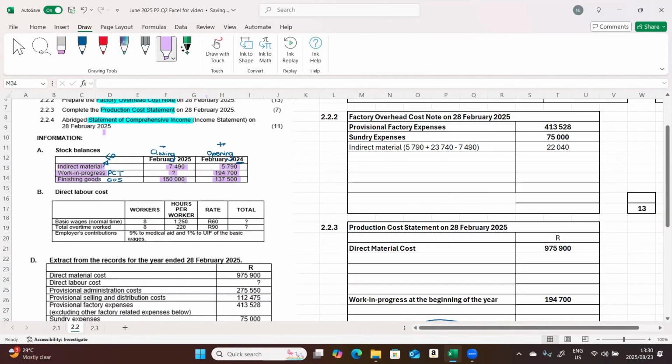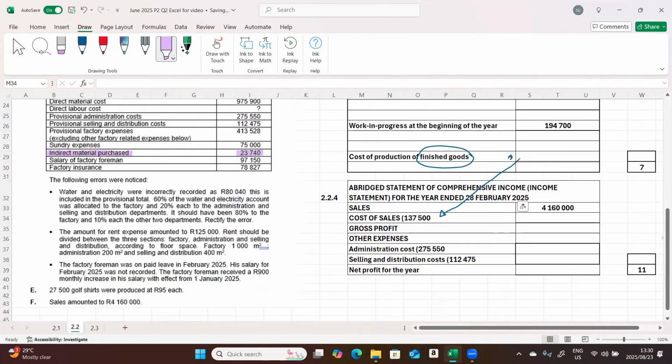So what do we do with a closing balance? We subtract a closing balance. So let's go here and subtract the 150,000 in our calculation.